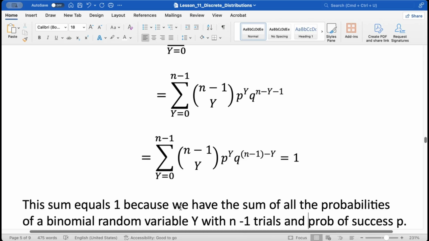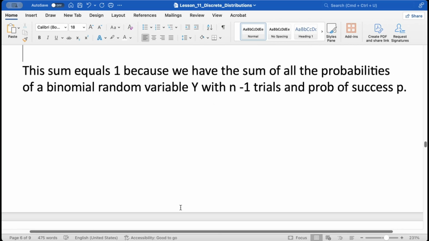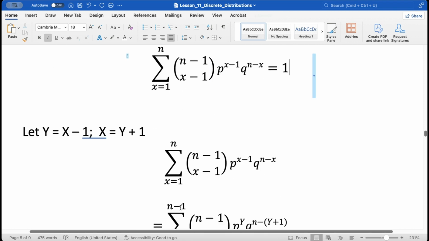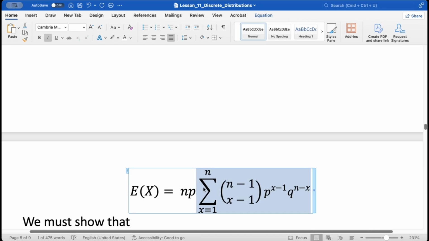We have the sum of all the probabilities of a binomial random variable y with n minus 1 trials, probability of success p. Again, getting that viewpoint, that gives us that this entire expression is just np times 1, which is np.